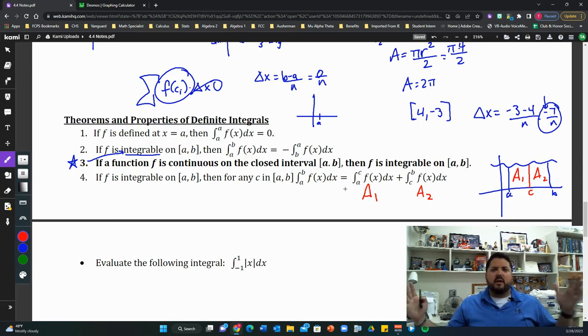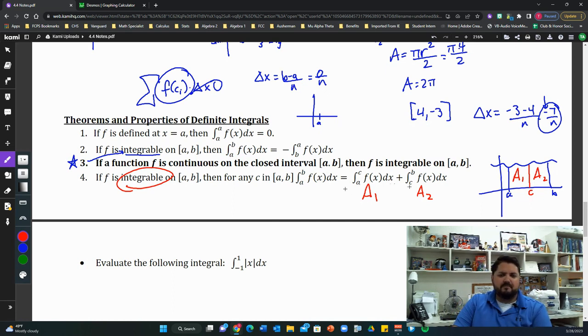If I take a whole thing and I break it up into 2 pieces, then as long as there weren't any issues in the middle of the interval, which is what is meant by the fact that it's integrable, then I should be able to just take the 2 pieces, put them back together, and we get the total again. So this one definitely comes up a lot when we're doing different kinds of problems, but it shouldn't be too difficult to wrap your head around, okay?